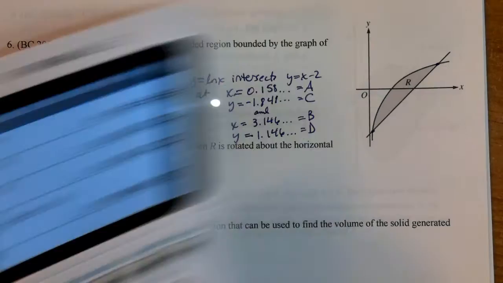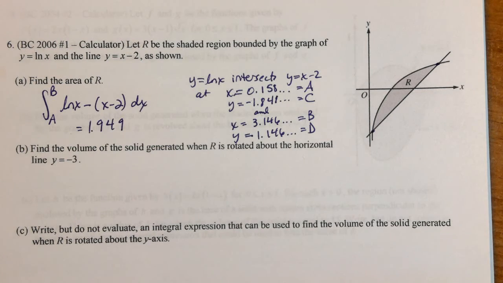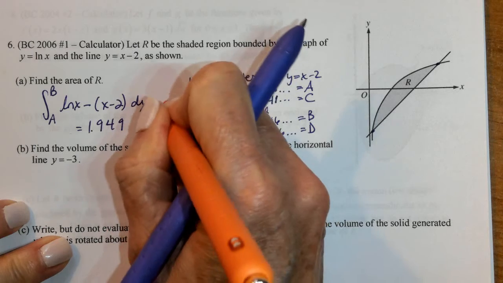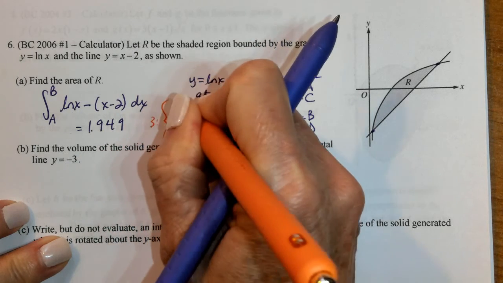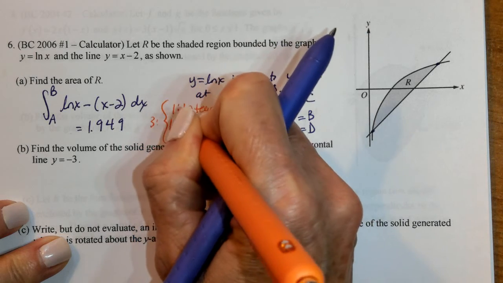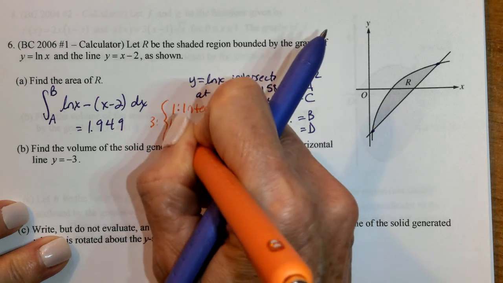Let me see what that was worth. That was worth 3 points that year. 1 point for the integrand, 1 point for the limits, 1 point for the answer.